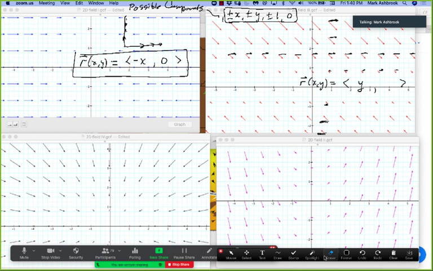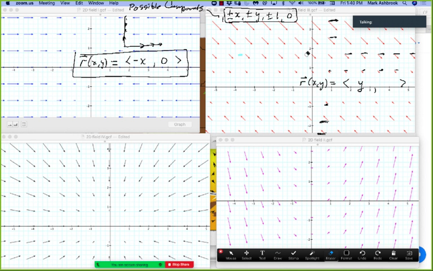Okay, let's look at the y components of these. How do the y components change? Do they change as x changes or as y changes? Let's look. Changing my x coordinate, do the y components change? No. Changing my y coordinate, do the y components change? Yes.